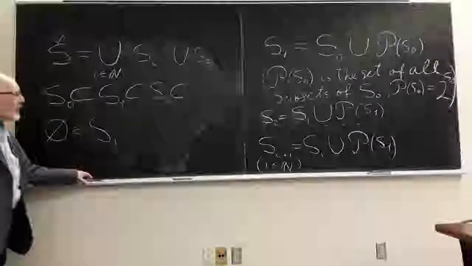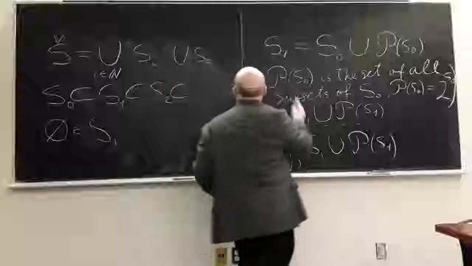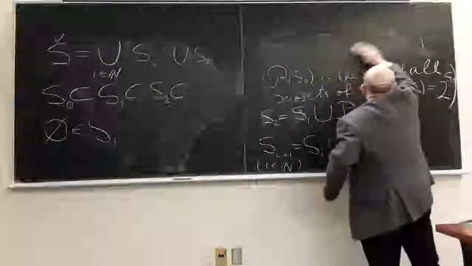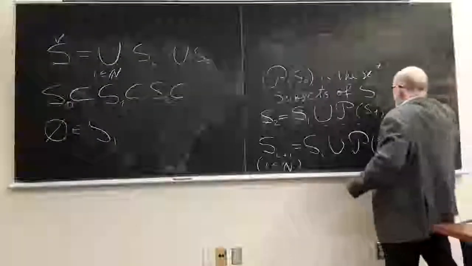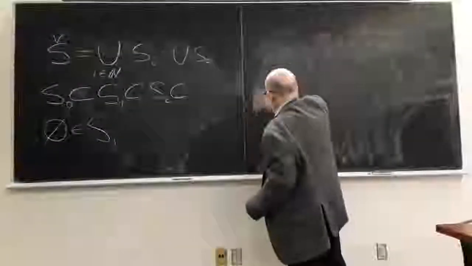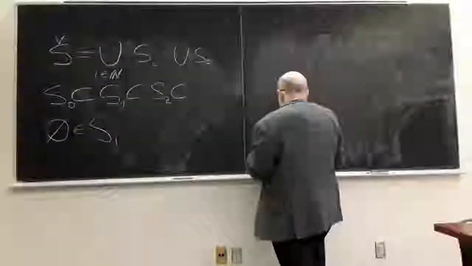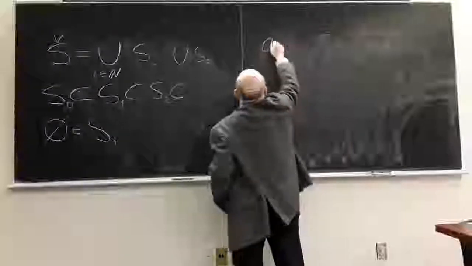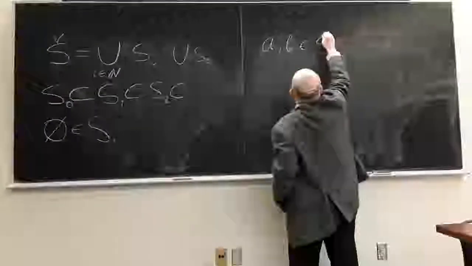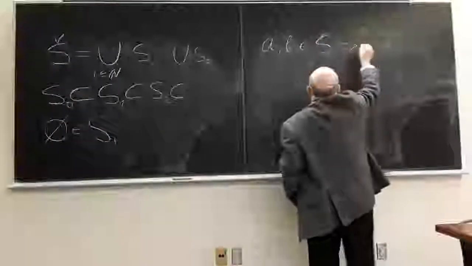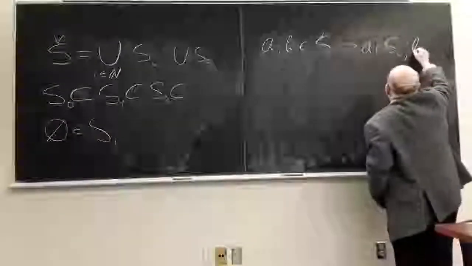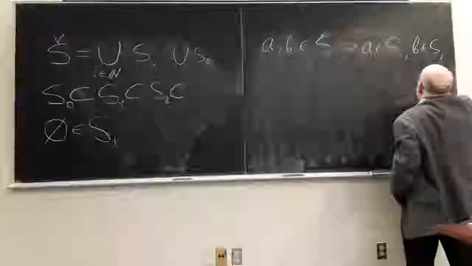Now, suppose we have two elements of this superstructure. Suppose that A and B are elements of S. This means that, say, A is in some Si, B in some Sj.